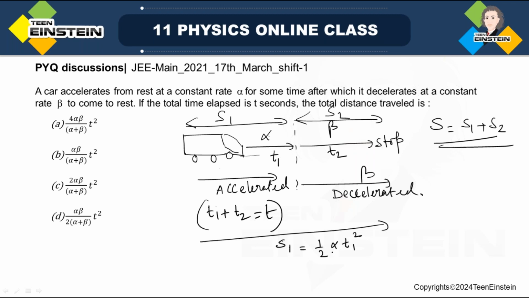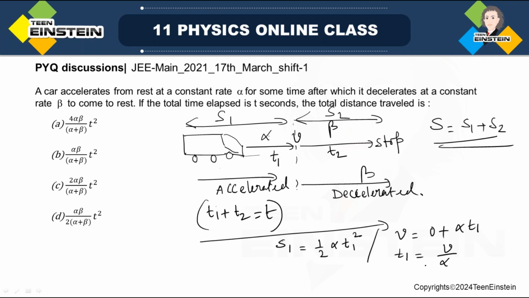Now again, what will be the velocity after t1 seconds? The velocity will be v is equal to u plus at, where u is equal to 0, a is alpha here, so v is alpha t1. So can I write t1 is equal to v by alpha?